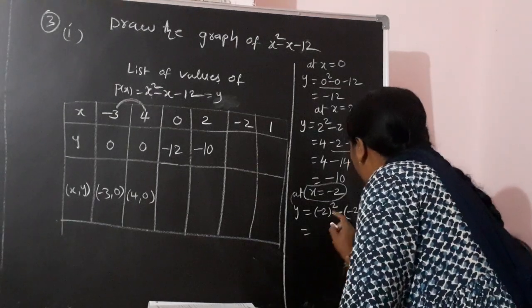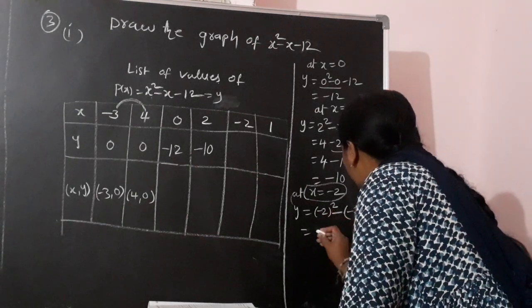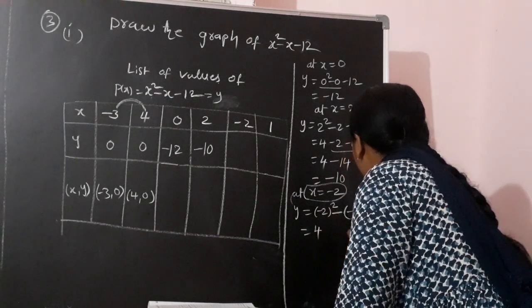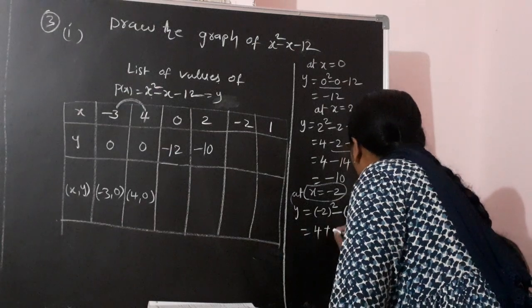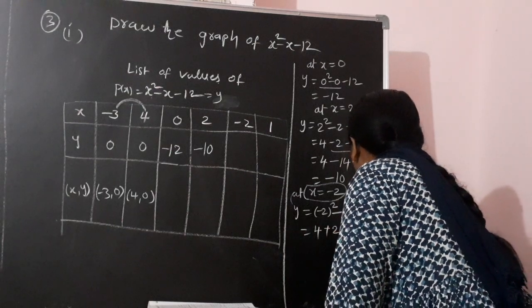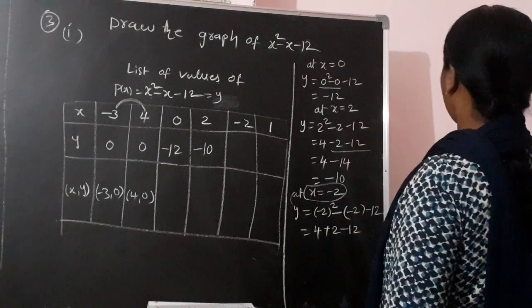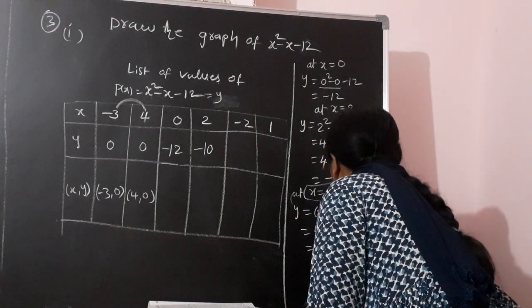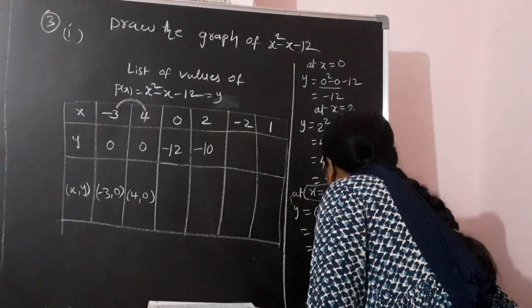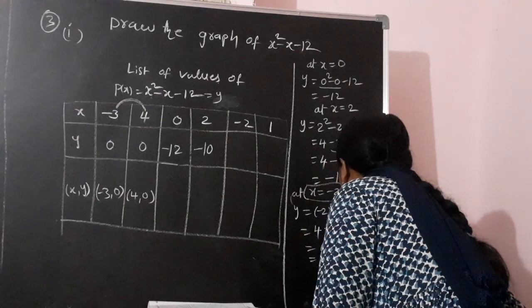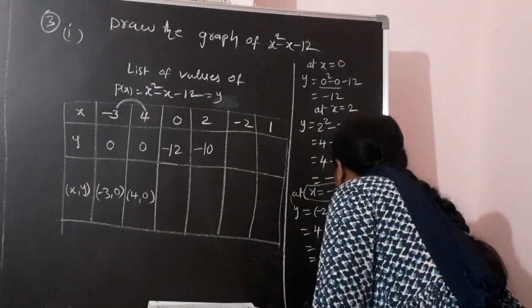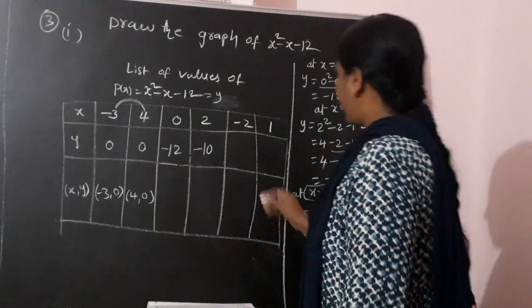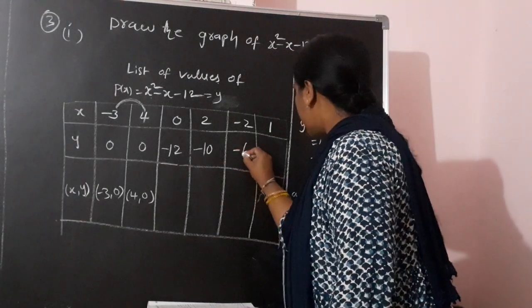Now the power is even, so minus becomes plus: 2 square is 4. Next, minus of minus 2 is plus 2, minus 12. So 4 plus 2 is 6, minus 12. 6 minus 12, the bigger is 12, 12 minus 6 is 6, so minus 6. You have to fill in minus 6 here.